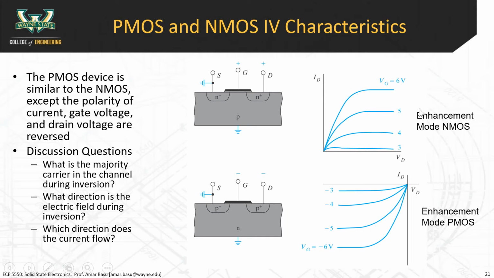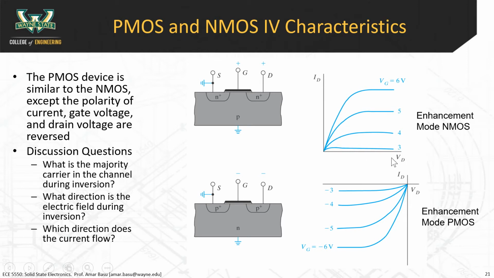Okay, so when you look at some of these curves, what you'll see is initially the current goes up almost linearly at the beginning when you're at small values of VD. So that's when you're in the triode region at low VD. It actually has almost a linear IV characteristic, so it kind of behaves as a resistor.